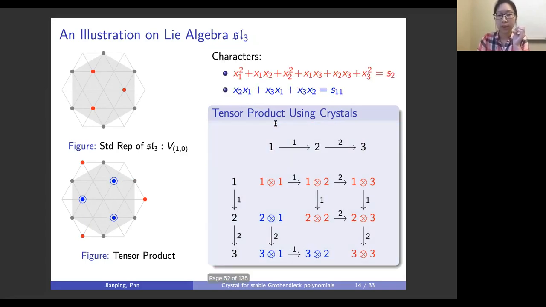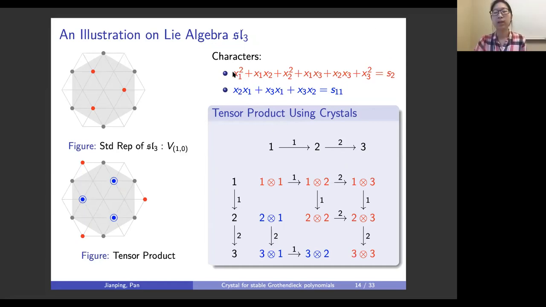And you can compute the characters for the crystals, for example the red one. The character is taking x_i to the number of i's in the element. You get the Schur functions s_1, s_11, and s_2. So that just gives you some idea how the crystal can come into play. Sorry, what's x_i again?